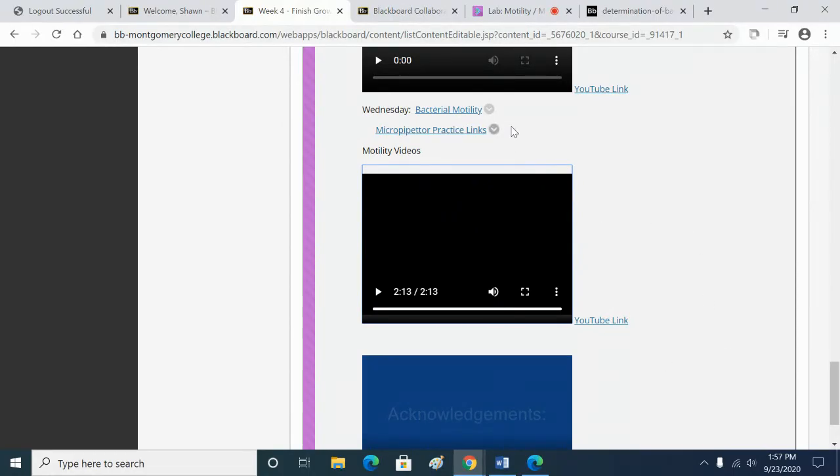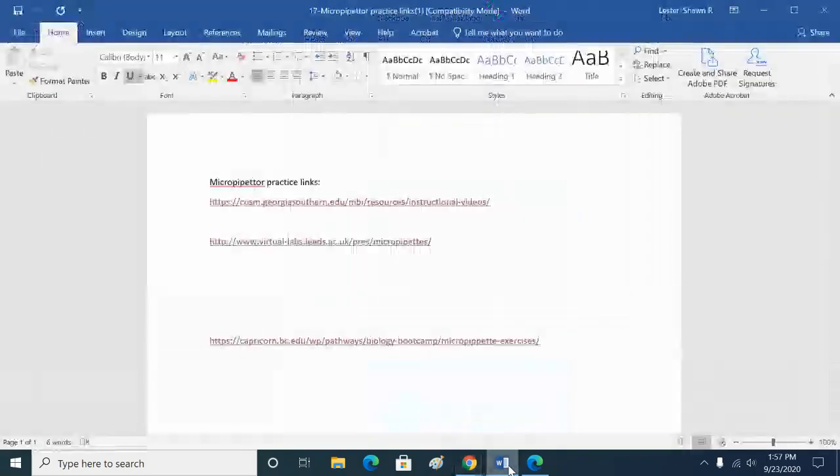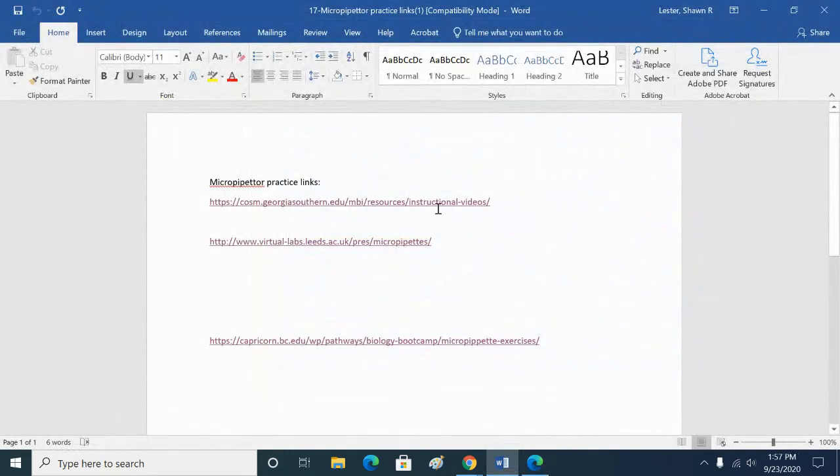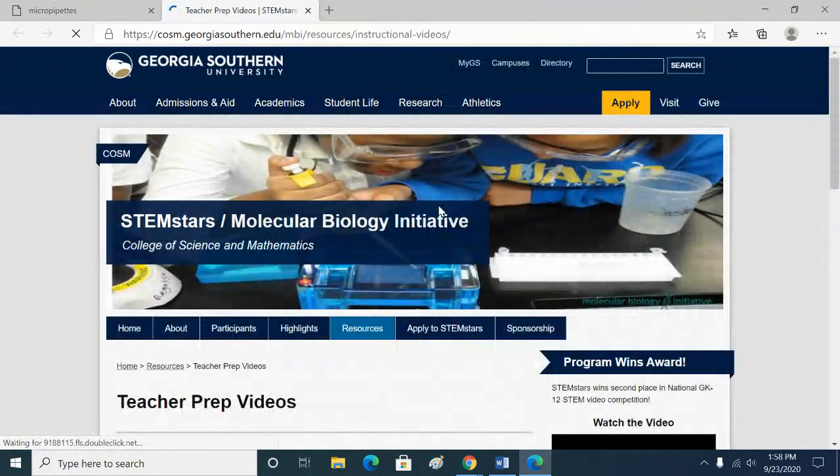Okay, so next we'll talk about micropipettors. There is this document with links on it. The first one did not work. Nothing was there, so I don't know. I'll just check it again and see.